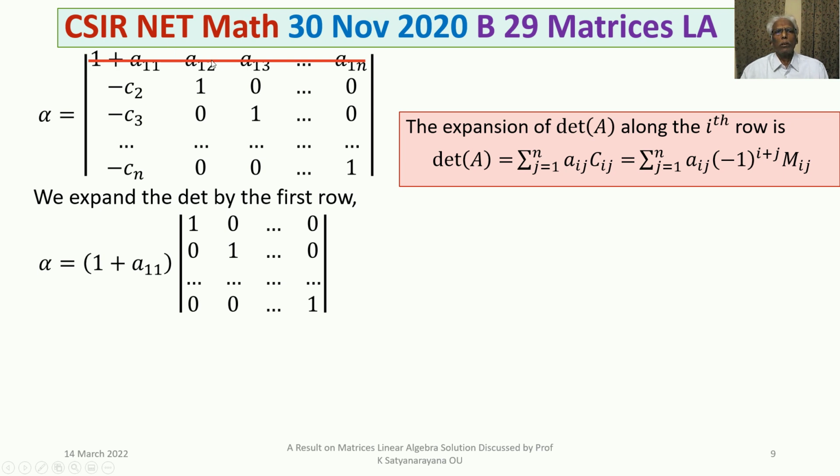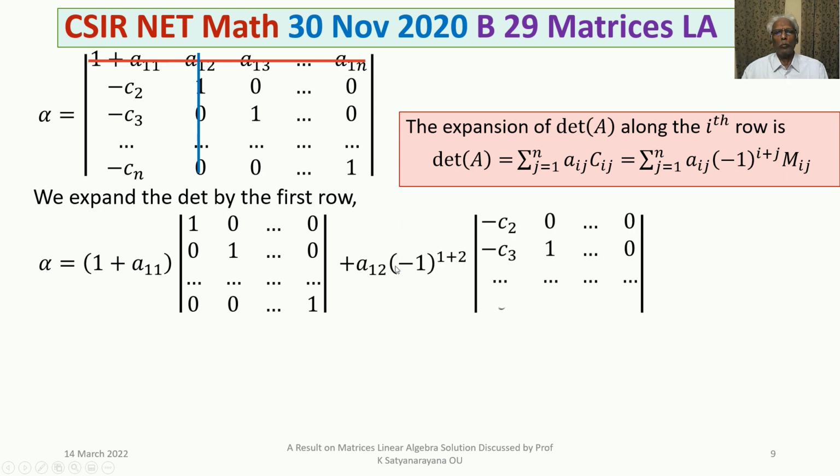That means delete the first row and second column. So what do you get? a12 into (minus 1) to the power of 1 plus 2 into M12. M12 means whatever you obtain after deleting, which is an n minus 1 by n minus 1 determinant.